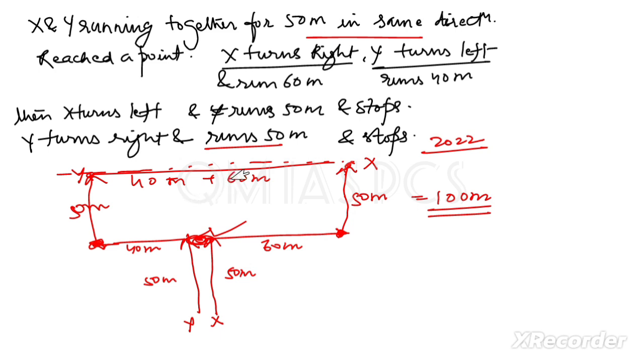You should try yourself first, then see my solution, like how I am approaching this type of questions. It will be easier for you then. Okay, so let's move to the next question.